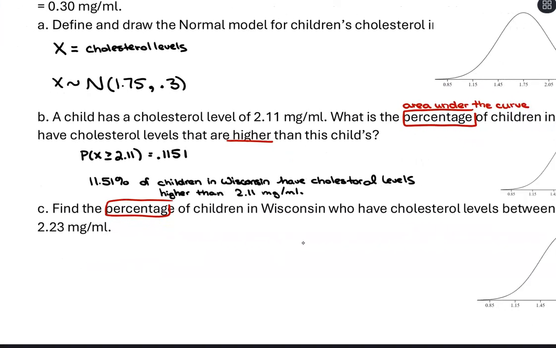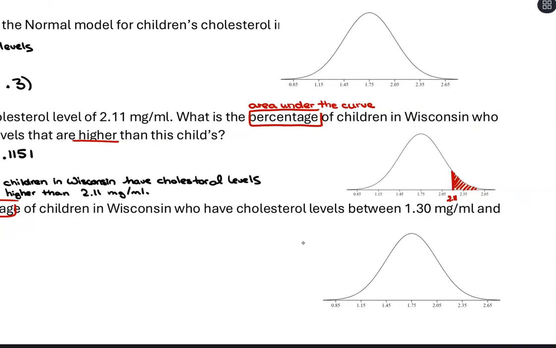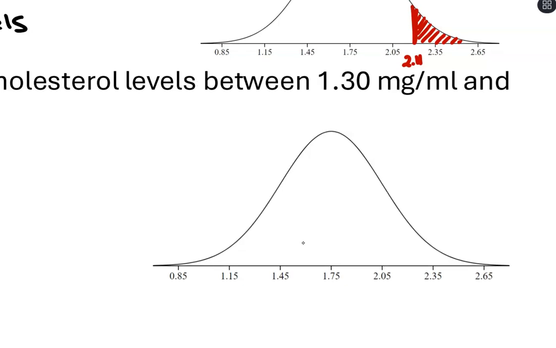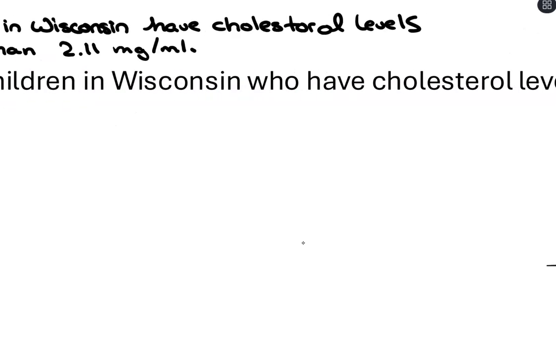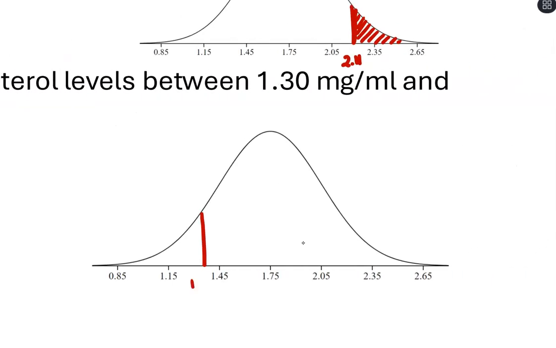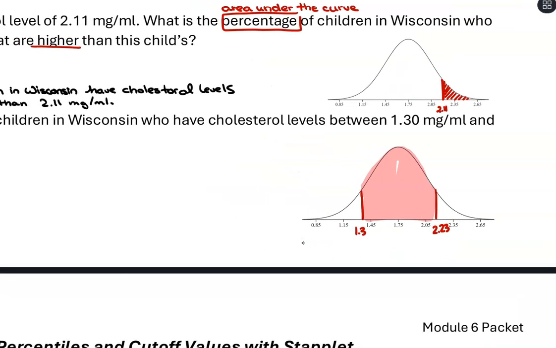Okay, with the next one, we want to find the percentage of children who have cholesterol levels between 1.3 and 2.23. So we're going to look for 1.3 and then 2.23, just somewhere over there. And we want to find this area in between. So our empirical rule can help here, and I have the visual, but I'm like, okay, that's a little more than one standard deviation away, so maybe I'm at 70-ish%.